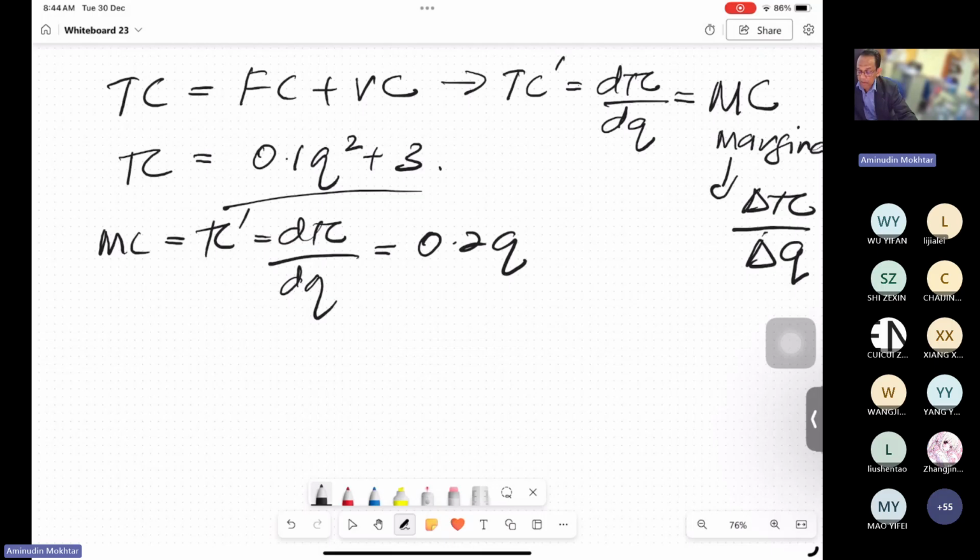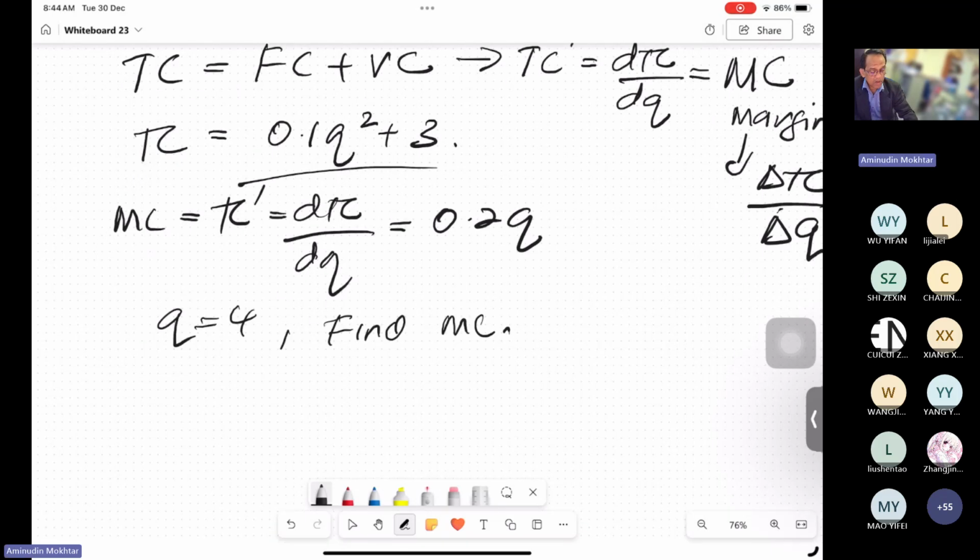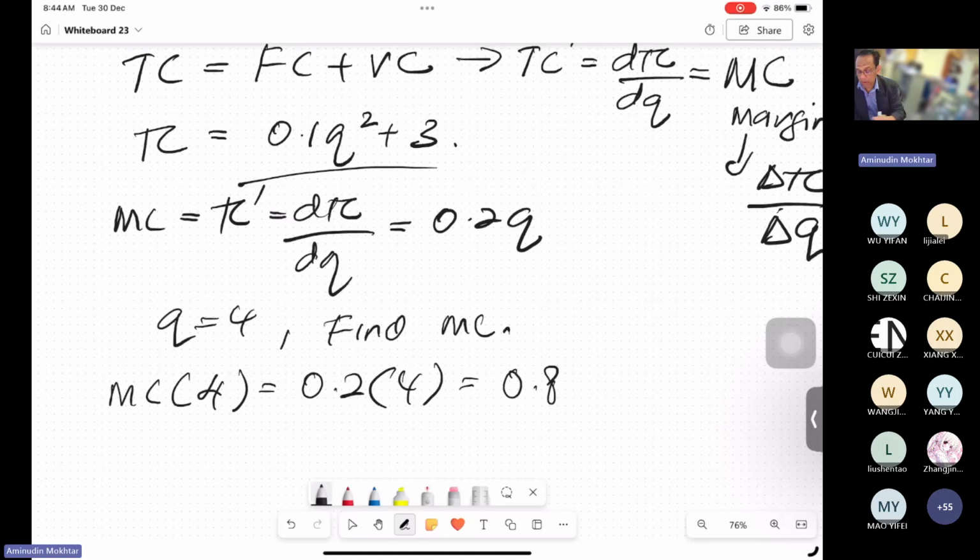Let's say, for example, quantity equals 4. Find MC. What is MC when Q equals 4? This equals 0.2 times 4. The answer is 0.8.